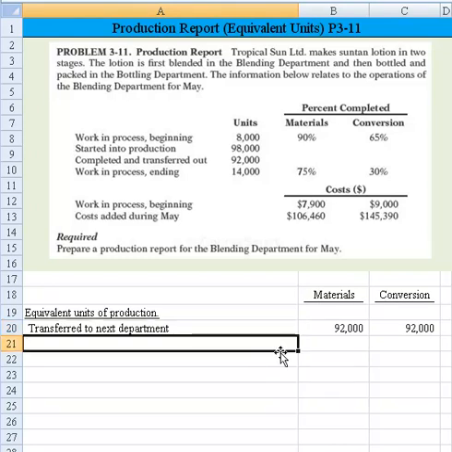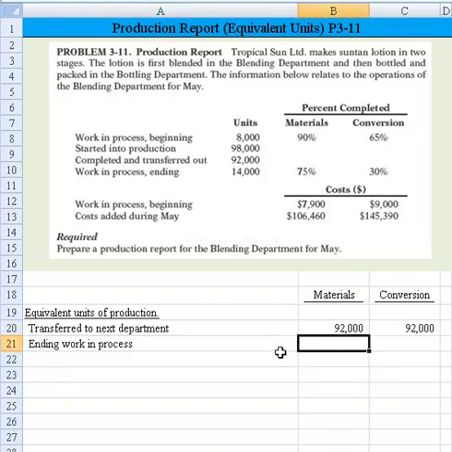And then we need to come up with what was the ending work in process. And we've got to consider those separately. All right, well, the ending work in process with respect to materials was 14,000 units, and they were only 75% complete.